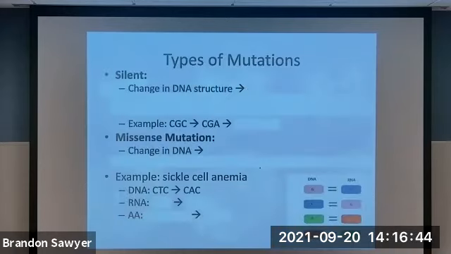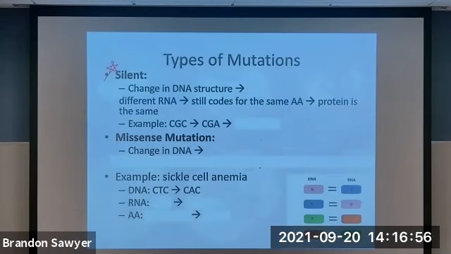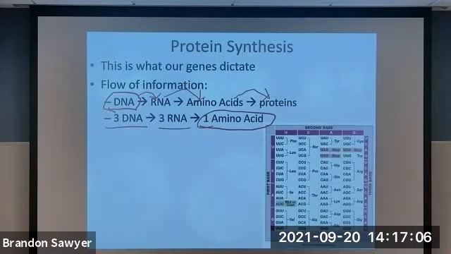Okay, so the different types of mutations that we can have. The first one's called a silent mutation. Okay, so a silent mutation is where we change the DNA structure in some way, right? Maybe a C becomes an A, okay? In that case, it does change the RNA. But as we look back on this table here, we can see that there's a bunch of RNAs that call for the same amino acid, right?